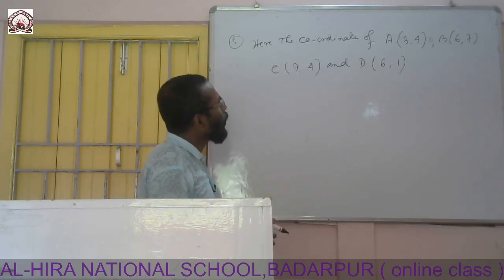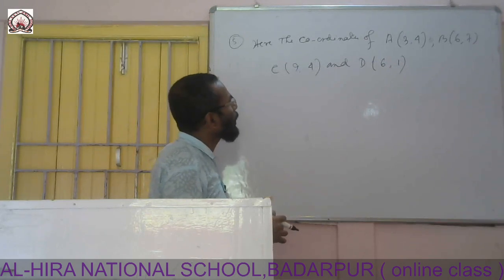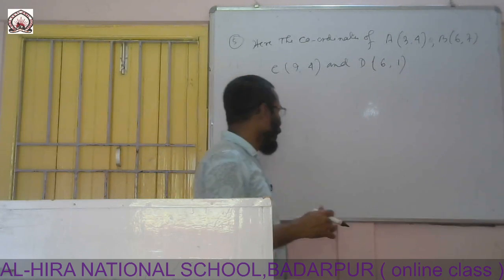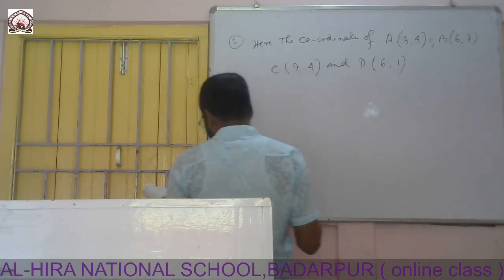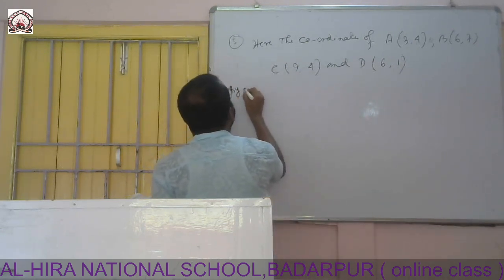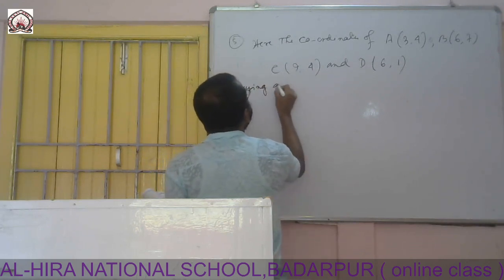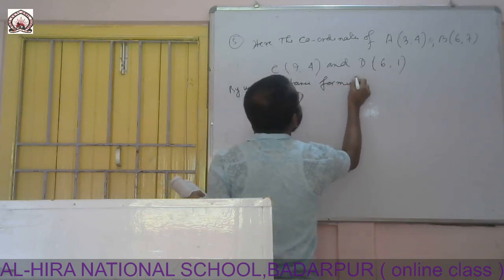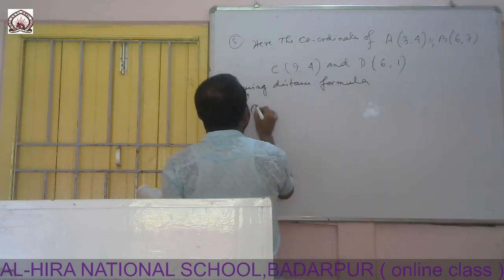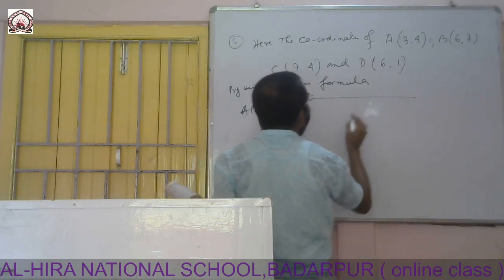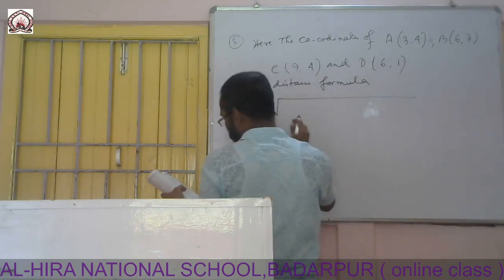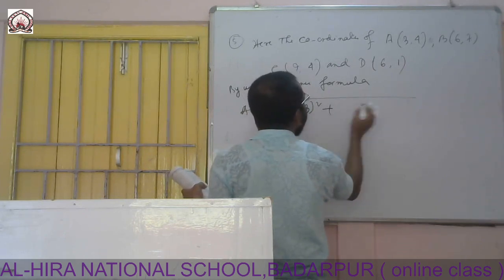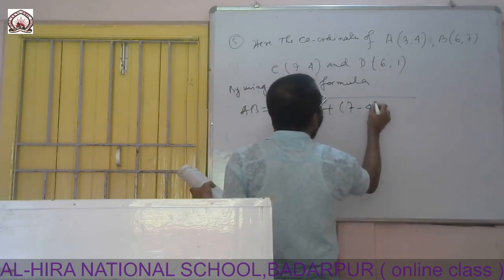So by using distance formula, we have to find the 4 sides AB, BC, CD and AD. First of all, by using distance formula, AB will be equal to square root of x2 minus x1 whole square plus y2 minus y1 whole square. This is 6 minus 3 whole square plus 7 minus 4 whole square.